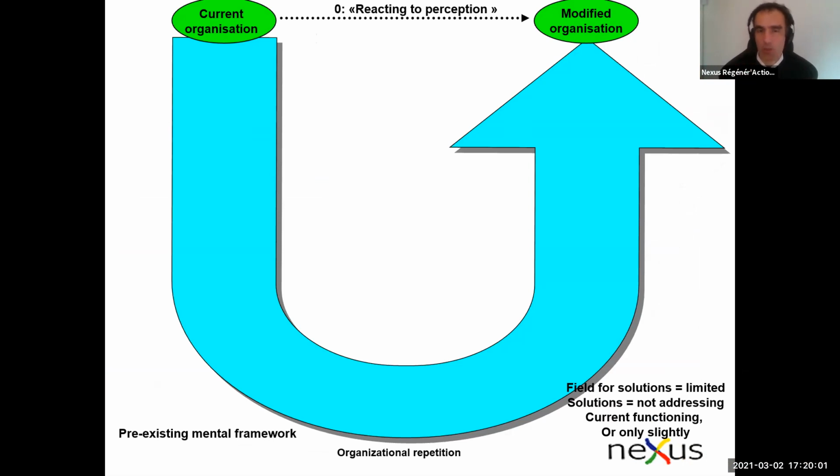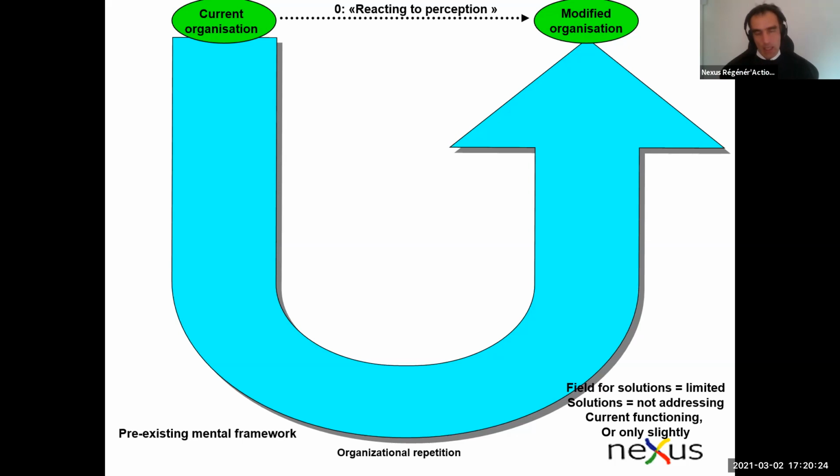Basically, this first one is very much to help us think about when we want to transform our own model of governance, our own model of functioning, what are the levels at which we need to intervene? Depending on the outcome that we are looking for, where is it that we need to intervene?